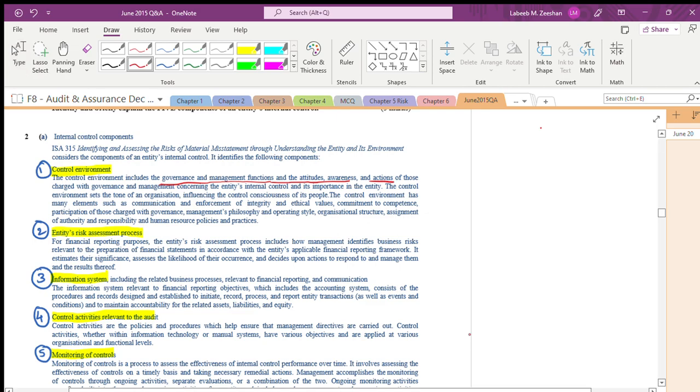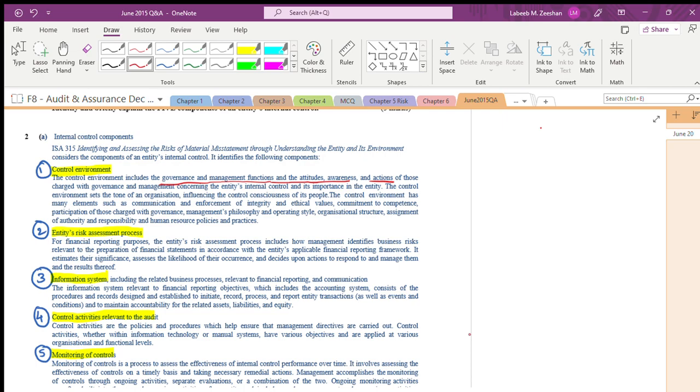That's very important. If the senior management is concerned about the controls, definitely they will have more controls in place.